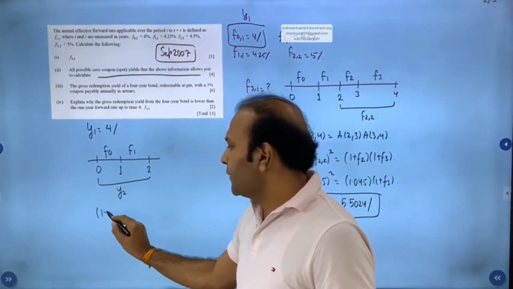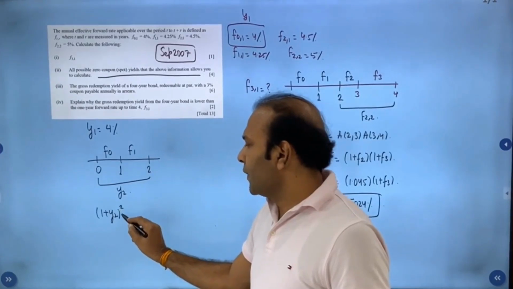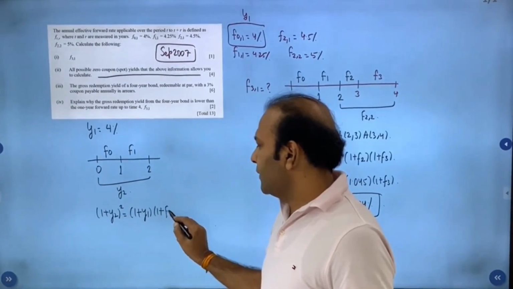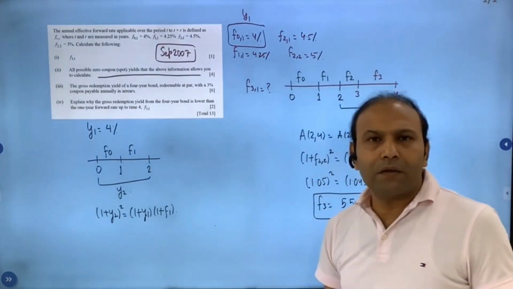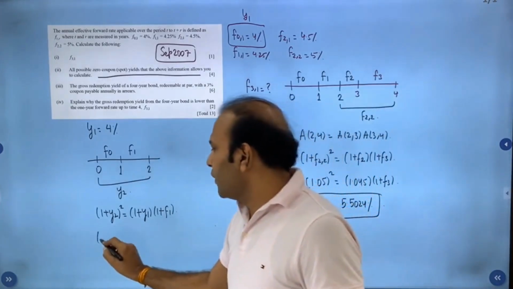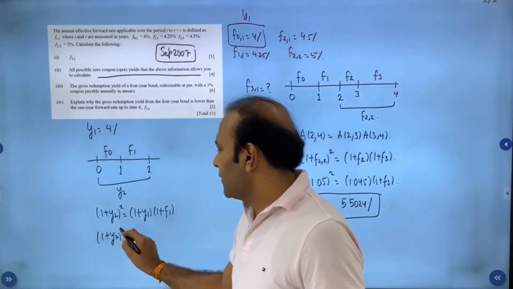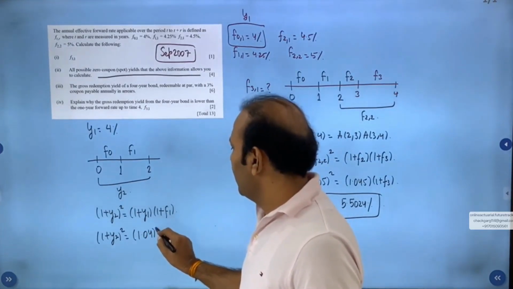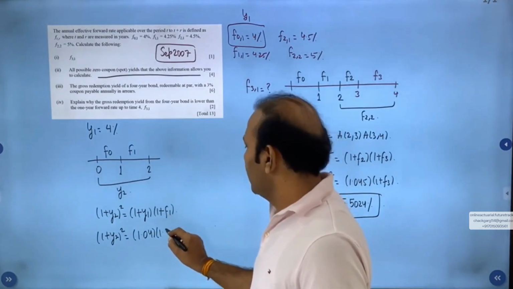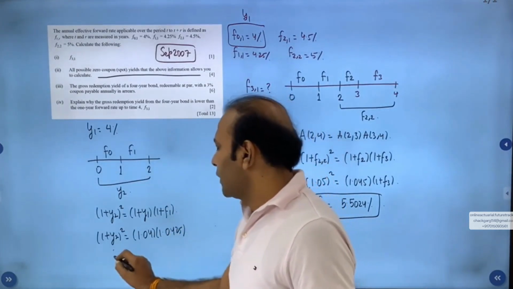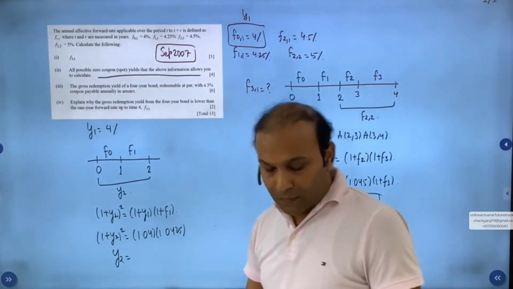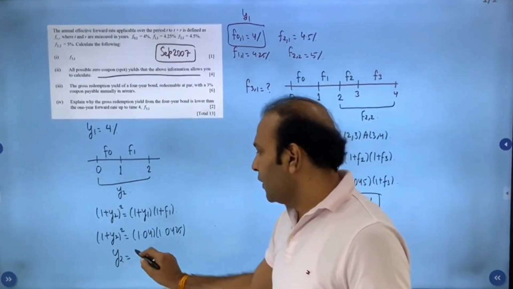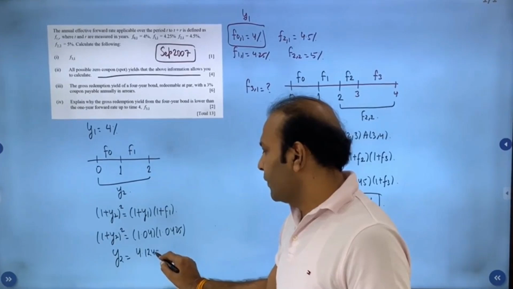So class, 1 plus y2 squared is equivalent to 1 plus y1 into 1 plus f1. Can I write or not? So class, 1 plus y2 squared is 1.04 into 1.0425. Solve y2, class. 4.1249% we are getting.